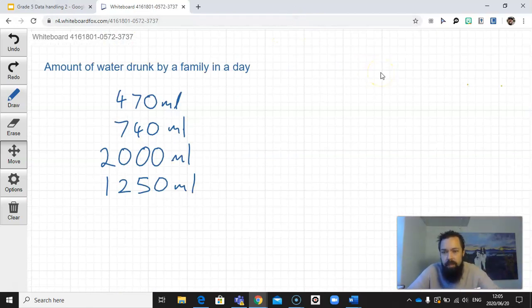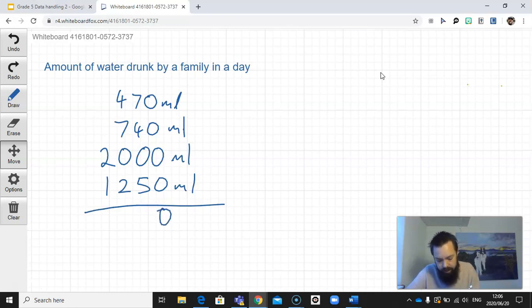Okay, and just a nice simple one at the end. We've got 4 members of a family who drink water every day. Some drink more than others. This person drinks 2 liters of water a day. So what we can do is add that up and divide by 4, because there's 4 members of this family. Right, I'm going to just do it over here in this line. So all zeros adds to 0. 7 plus 4 is 11, plus 5 is 16. 5 plus 7 is 12, 13, 14, carry 1, 4.